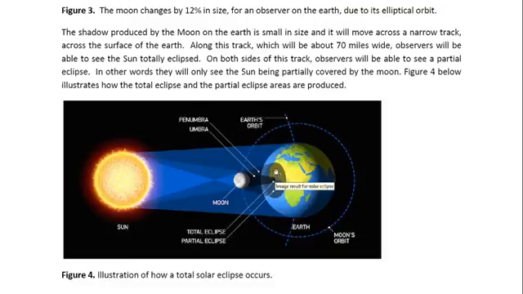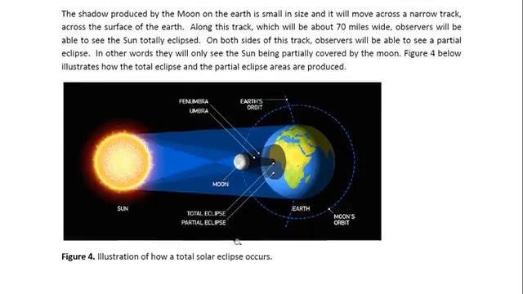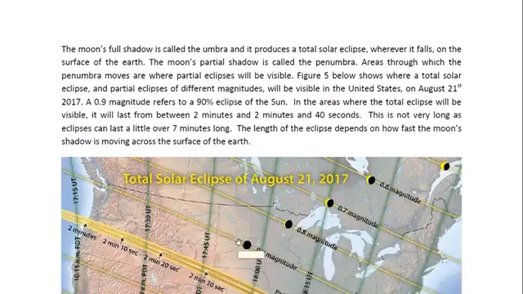So you will see the sun as a crescent with the moon in front of it. Now this complete shadow of the moon is called the umbra, and the partial shadow in this region is called the penumbra. So this is how we get these eclipses.